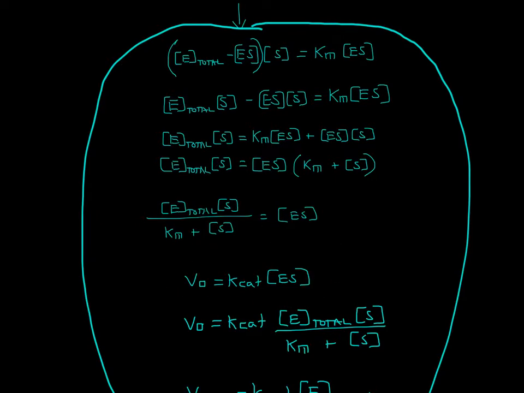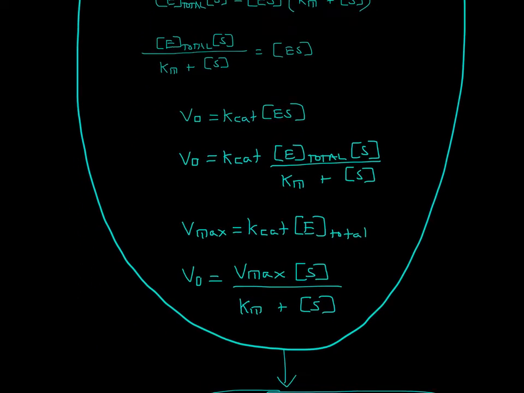So we're going to use this old piece of information, and we're actually going to plug in ES, right? So I said all of this is equal to ES, so from this original equation, I'm going to plug in all of this here. So that's how we get V0 equals kcat, E total times S over Km plus S.